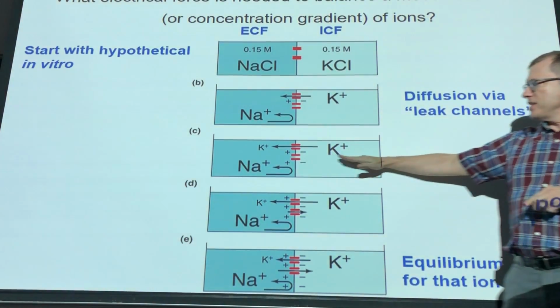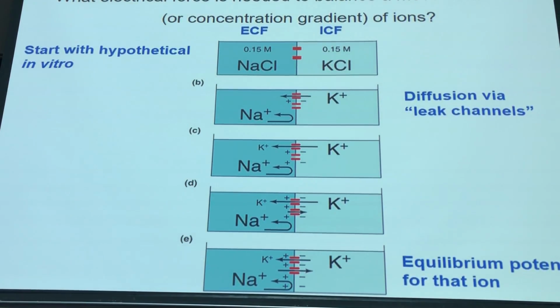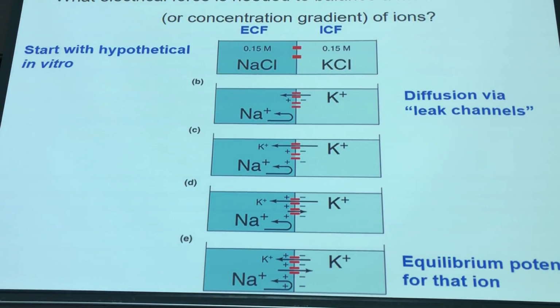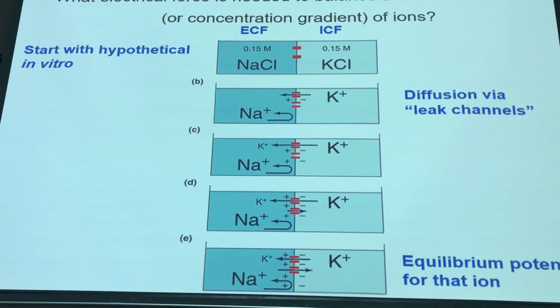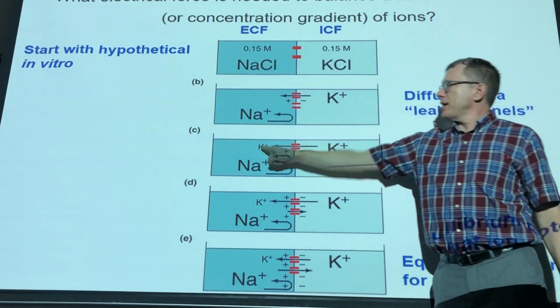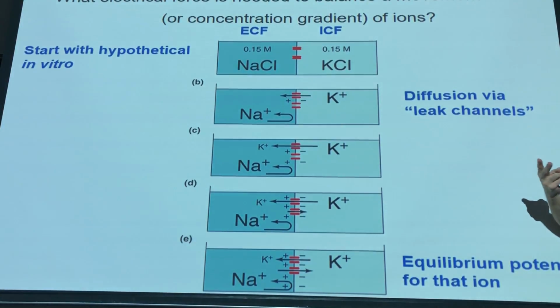Okay? So this step right here is where you really get to see that there is a difference in charge now. So we have a difference in concentration with potassium, and we have a difference in charge across the membrane.